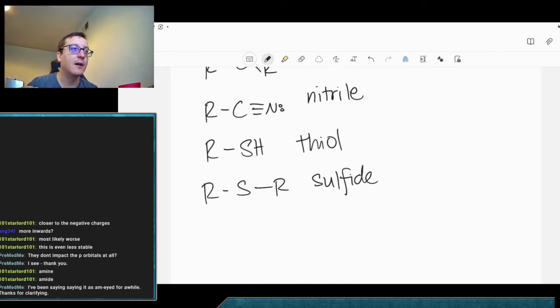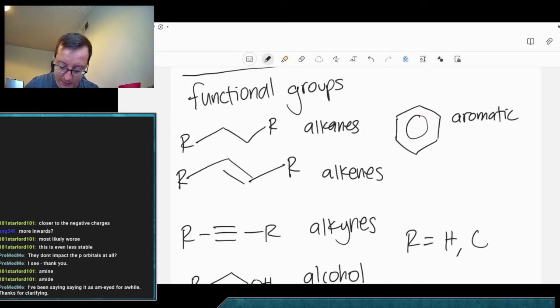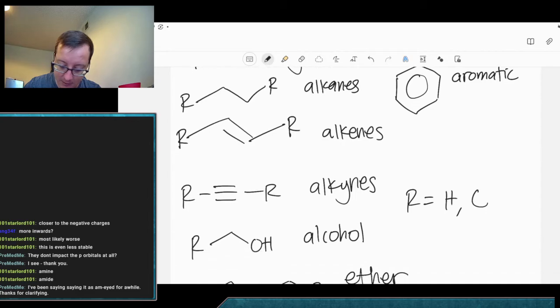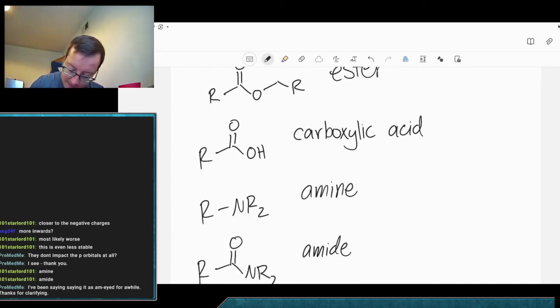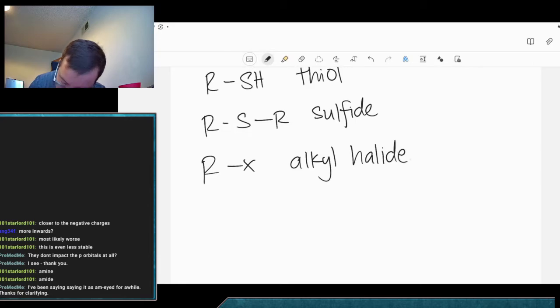So a lot of these we're going to focus on this semester are going to be these three right here, the alkenes, alkynes, and alcohols. That's what we're covering this semester. We're also going to talk about alkyl halides. I'll put that as well. So that would be like methyl bromide or whatever.